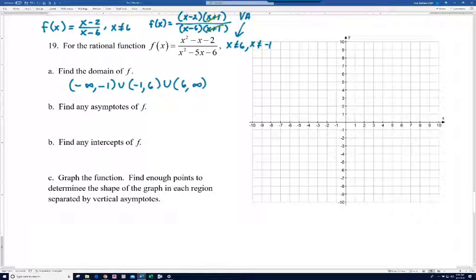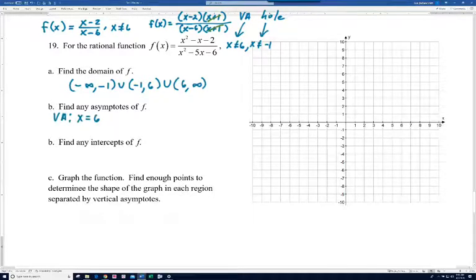Wherever we have a common factor that gets crossed out, in this case x plus 1, that's where we're going to have a hole. So we're basically graphing this function here. But when we do so, we need to make sure that we don't have a point where x equals negative 1, because in the original function, if we plug in negative 1, we would be undefined. All right, so let's continue here.